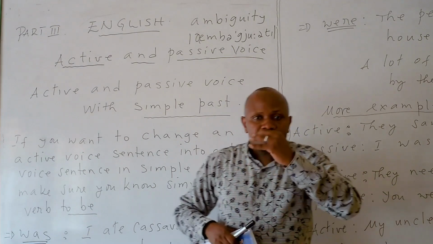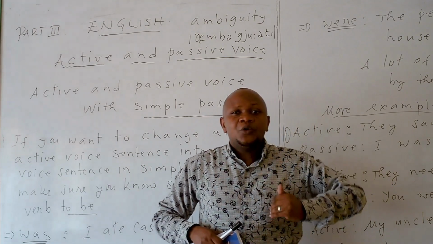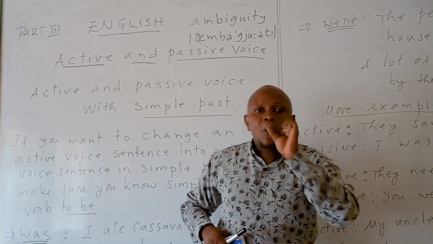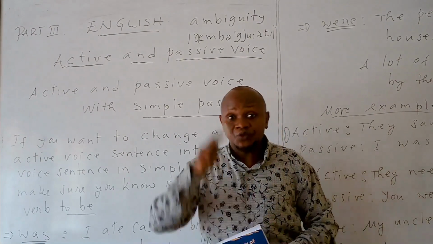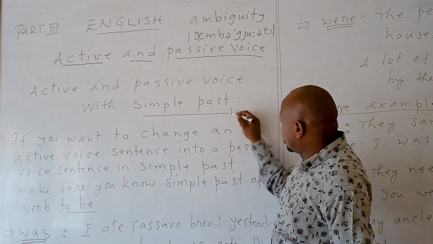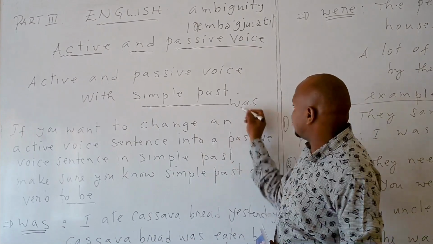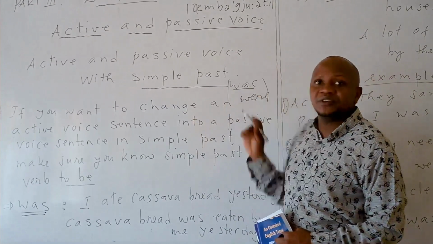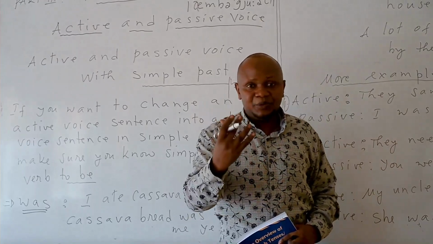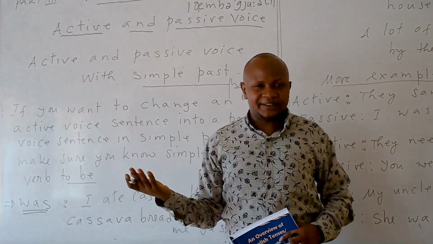Iyo ushaka guhindura interuro muri active uyijyana muri passive, ugomba kumenya neza ko uzi simple past of verb to be, which is was and were. You should know that simple past of verb to be is was and were. If you know this, you are done. Wizi rero nta kintu kiba gisigaye.